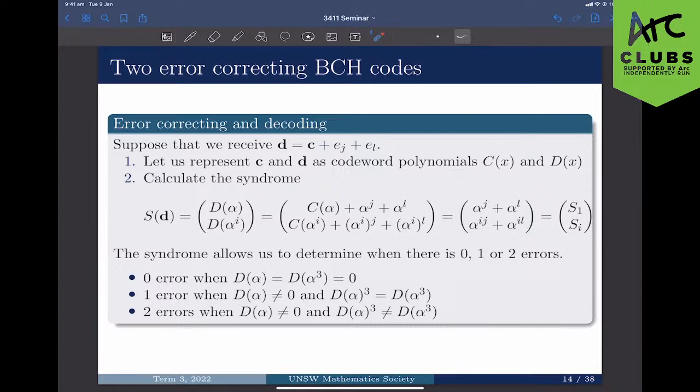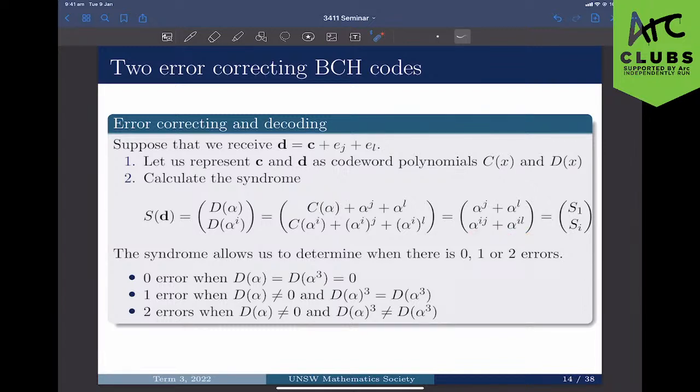And just like before, we represent C and D as code word polynomials, where the coefficients of these polynomials correspond to the bits in C and D. And once we calculate the syndrome, we'll see that the parts corresponding to the actual code word C are going to separate out and turn into 0. But what we're left with, due to these errors E_j and E_l, are these extra terms, alpha to the power of j and alpha to the power of l.